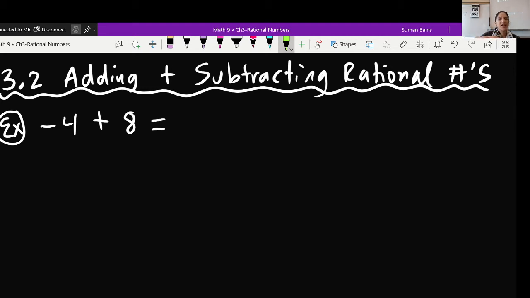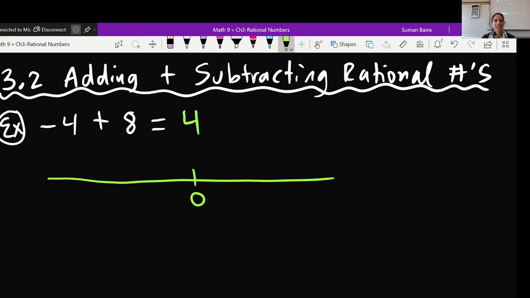Yeah, it's just positive 4, and then they also want you to familiarize yourselves with showing or demonstrating this on a number line. That's the only part I'm wondering about, I don't know if you've done that before. If we were starting at negative 4, we'd have this on a number line, and that would be our starting point.